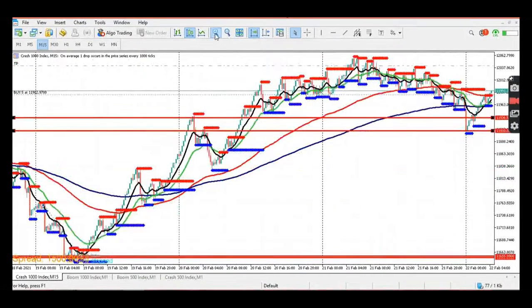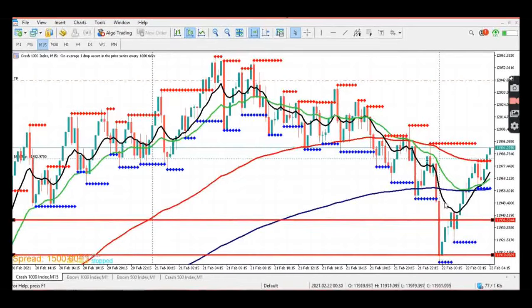So that's why you see the market move up. You see from this point, from here, the market continues to go up. This is where my level is. So you see, what happened? The market still continued in my favor. See, I'm still in profit.